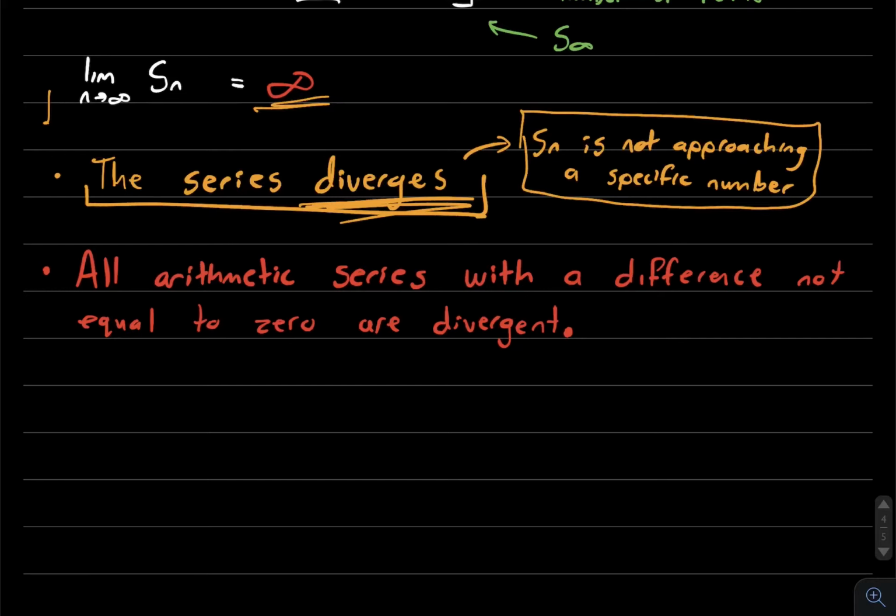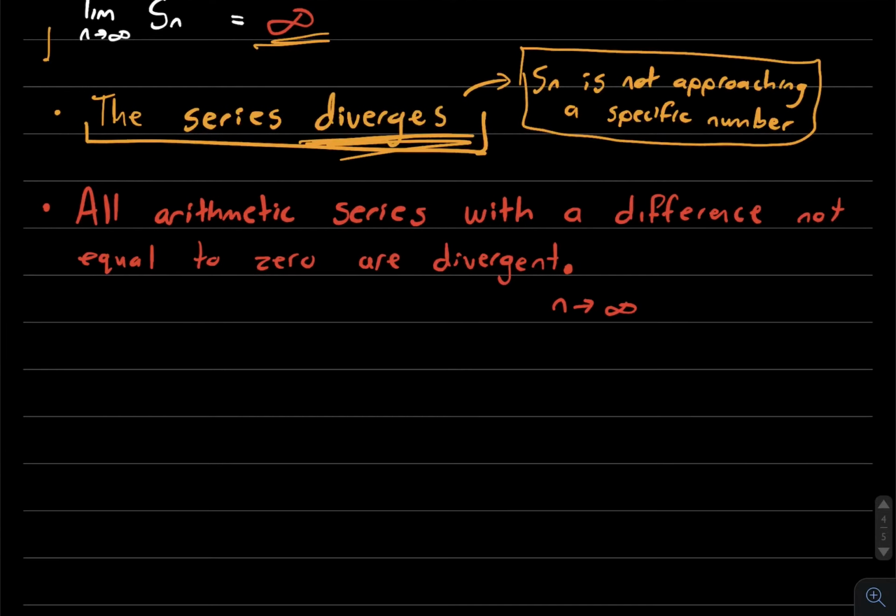So just keep in mind that all arithmetic series will diverge as n approaches infinity. So that means that it will be useless for us to calculate the sum to infinity for an arithmetic series. It will be useless for us to try and calculate this because we know that there is no answer for it. It will be infinity or some other funny result. So there's no use in calculating the sum to infinity for an arithmetic series.